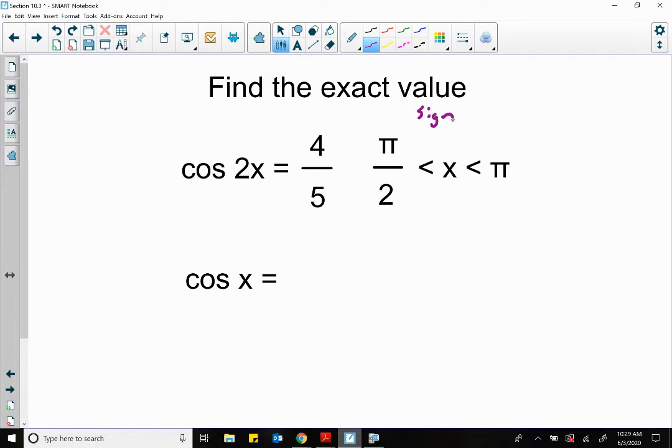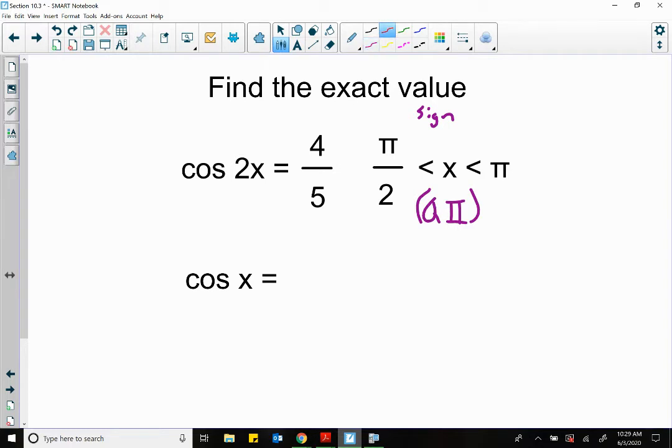This is going to help us tell the sine. All right. So if I'm at pi over 2 to pi, that means I'm in quadrant 2. So now you know, in the end, the sign for cosine x has to be based off of quadrant 2. Okay? All right.